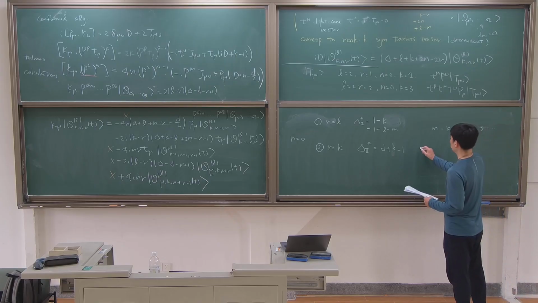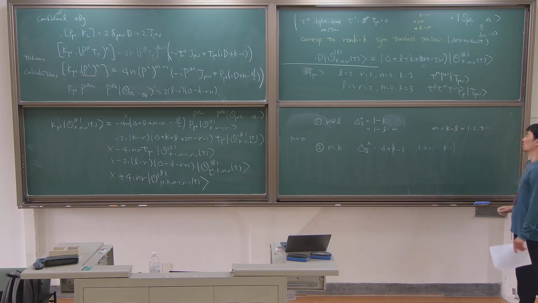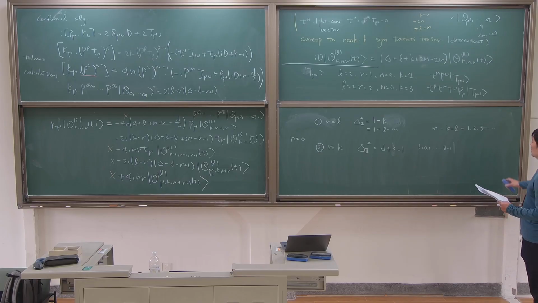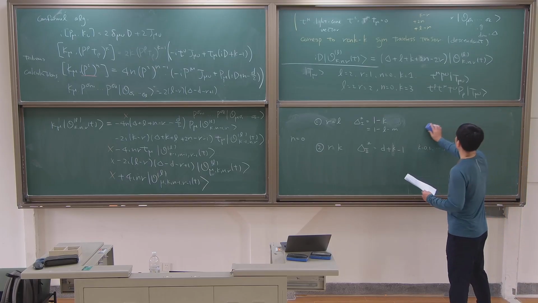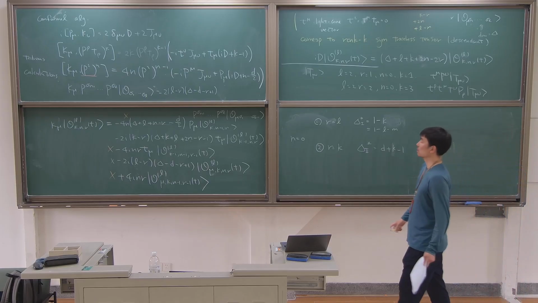And then k runs for 0, 1. Okay, that's it. Okay, anyway, so that's a way of constructing singular vector.